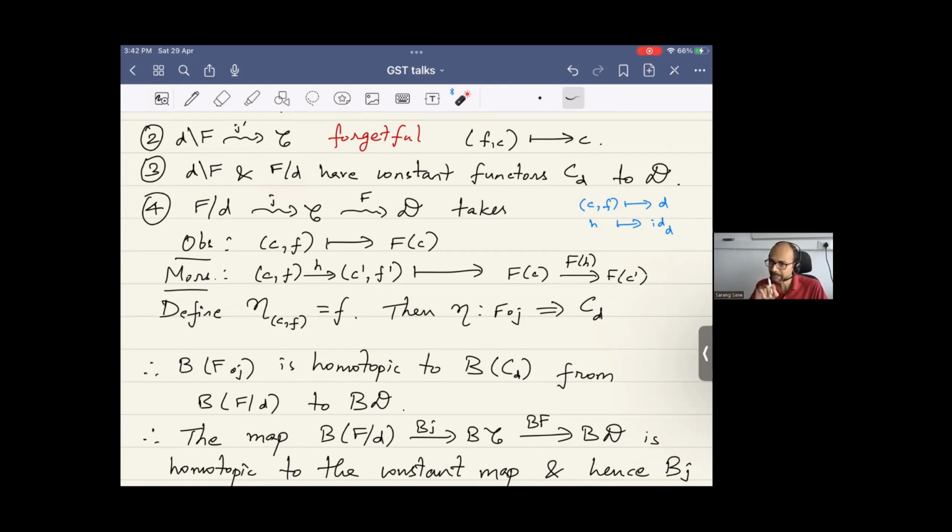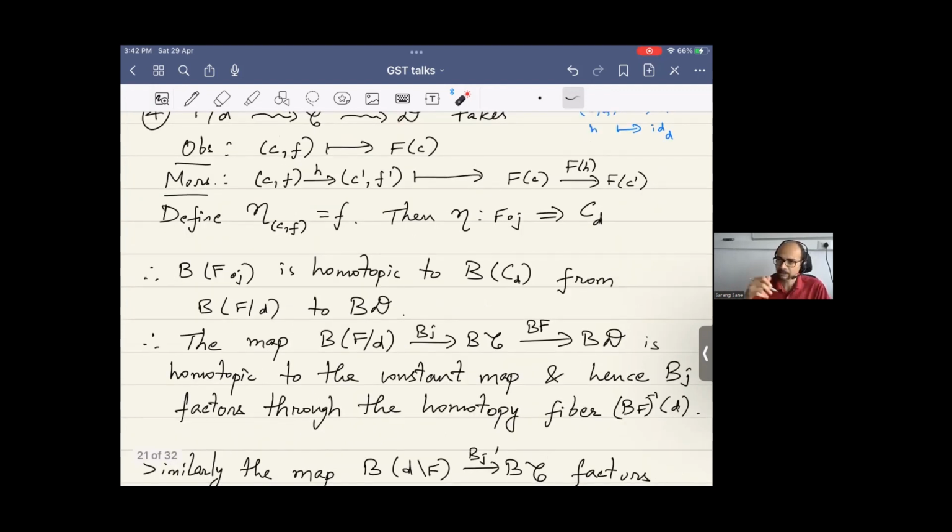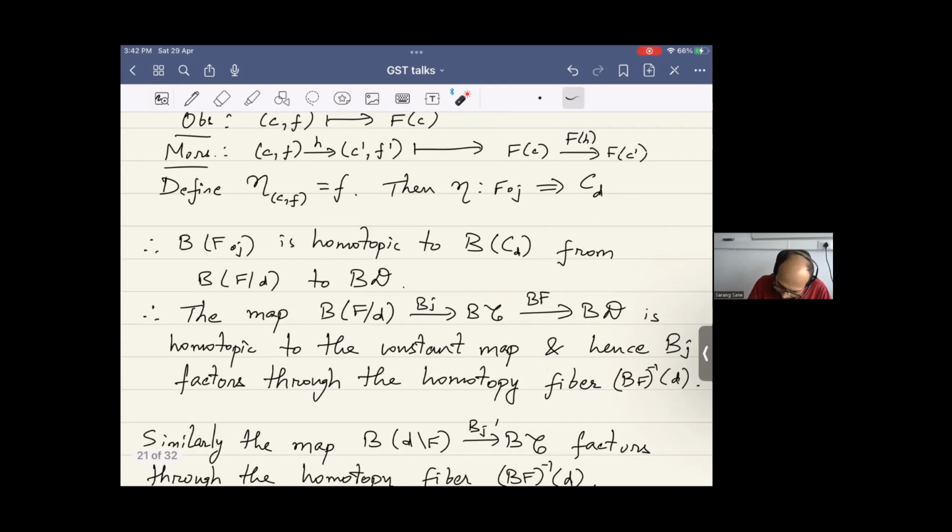So it takes it to the singleton point d, and this is homotopic to this. That means if you follow up bj and then bf, the composition is homotopic to the constant map, and that means it must factor through the homotopy fiber. So this factors through the fiber.